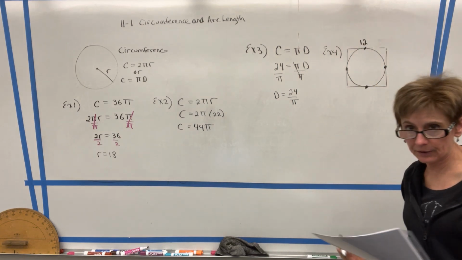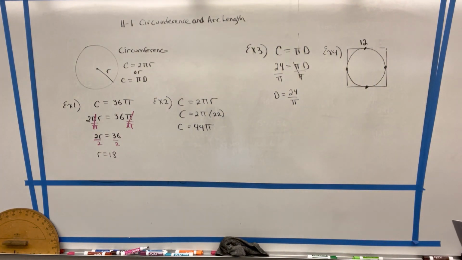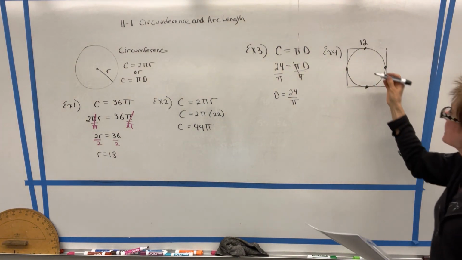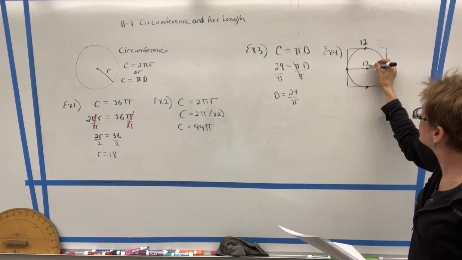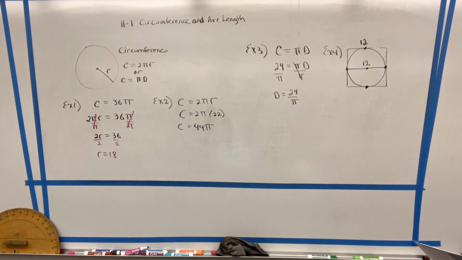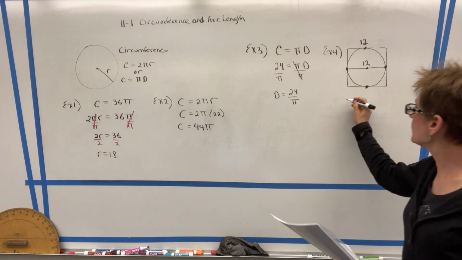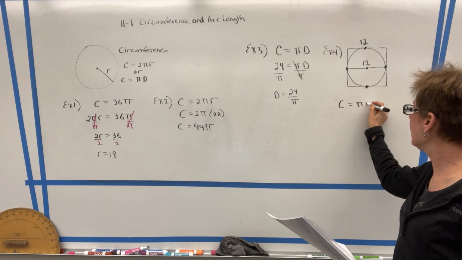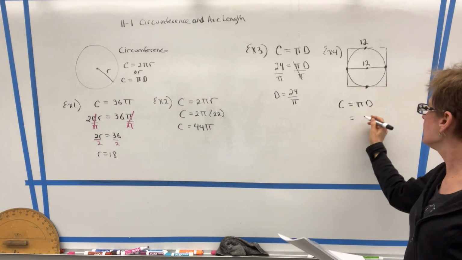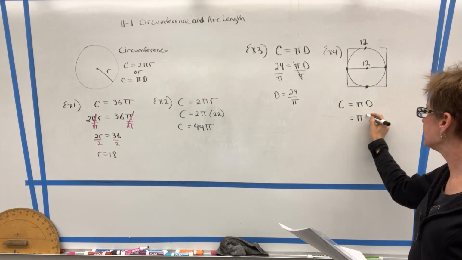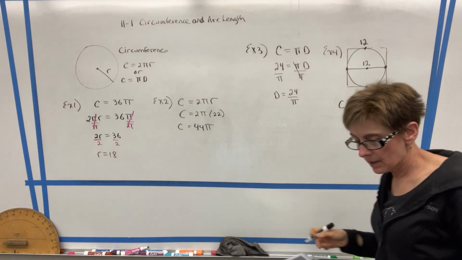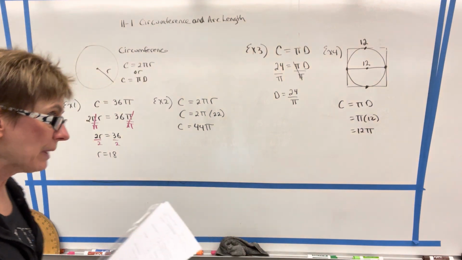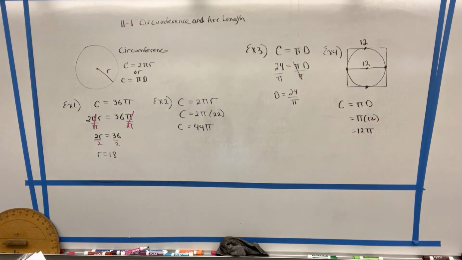So we're assuming that the square has side length of 12. So notice if the side of the square is 12, that also tells me that the diameter is 12. So since circumference is pi d, I would know that my circumference would be pi times 12, or just 12 pi. So those are a few different ways that we might end up using the formula for circumference to solve various math problems.